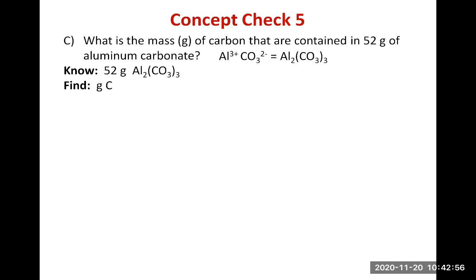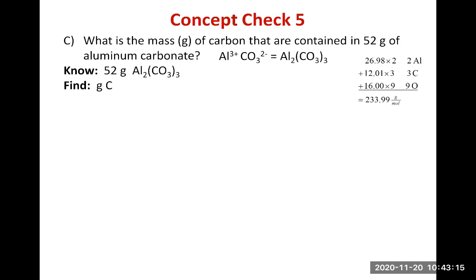So let's find out the molar mass of the compound. From the periodic table, you know that the molar mass of aluminum is 26.98, and you multiply that by 2 because there are 2 aluminum per formula.